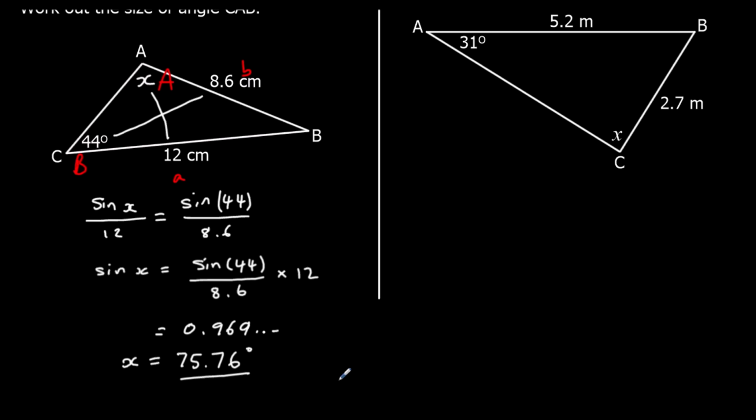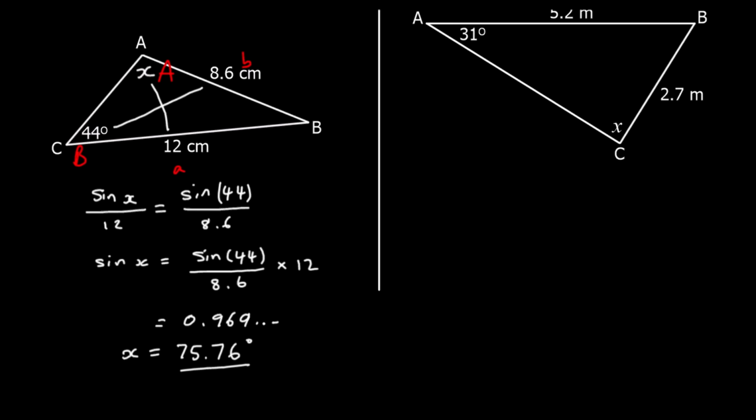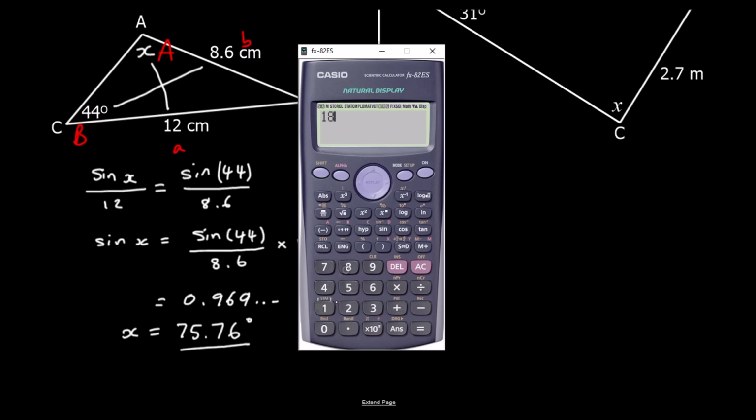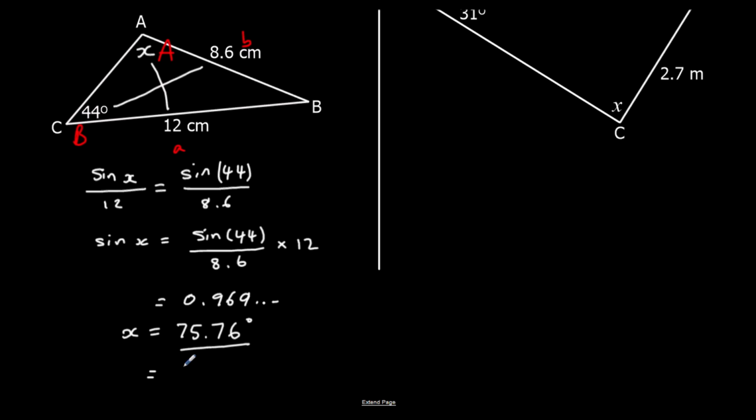So to find our correct answer, we're going to do 180 take away the answer we were given and get 104.24. So x is going to be 104.24 degrees, and I will explain how that works quickly.